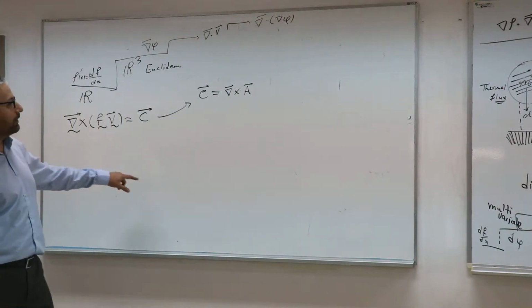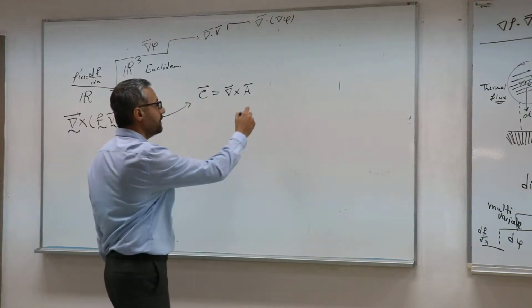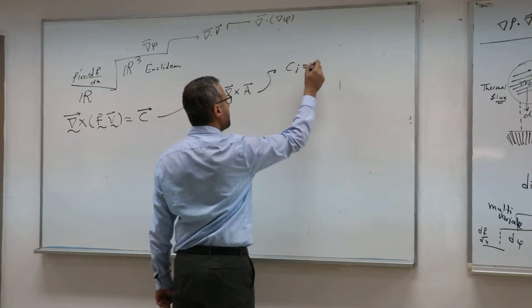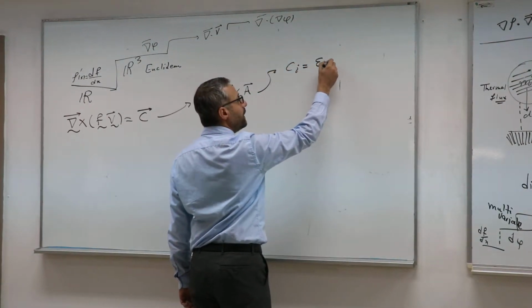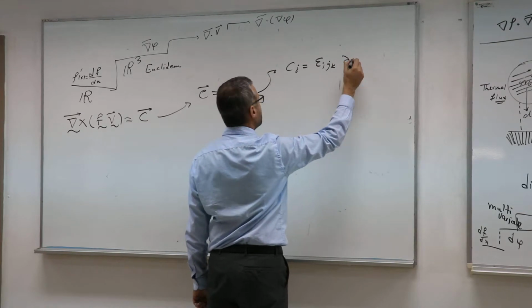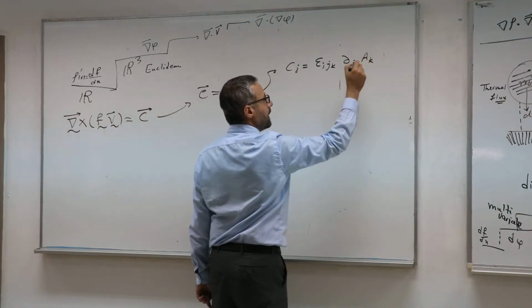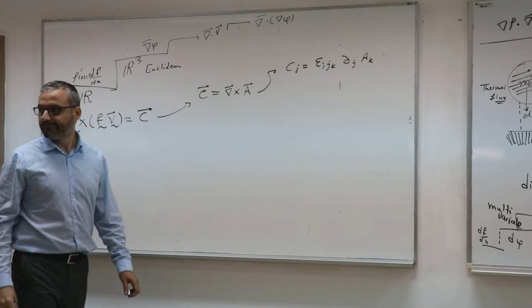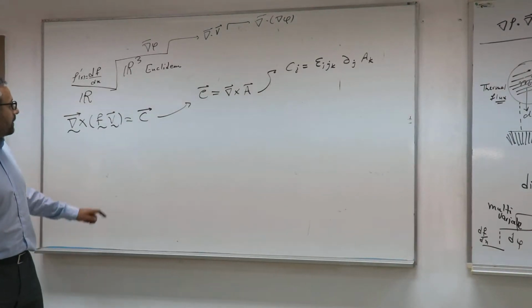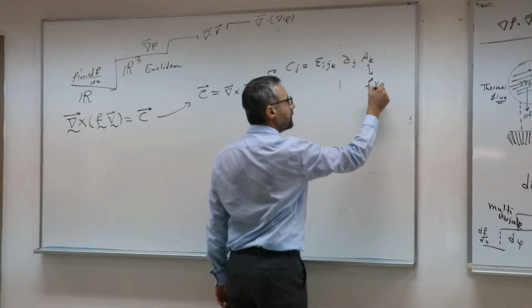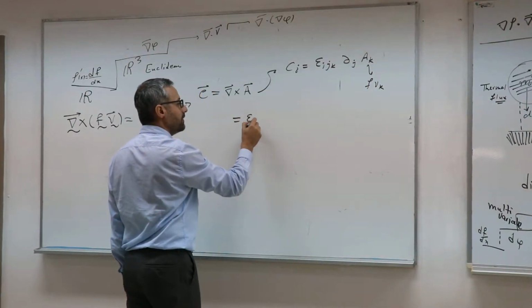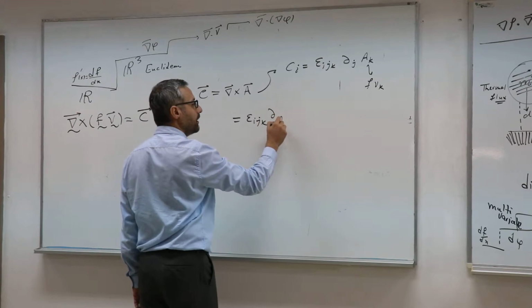This is a vector, and this is a vector. And I already explained to you that the i component of this vector is that. And what is A_k? A_k is f v_k.